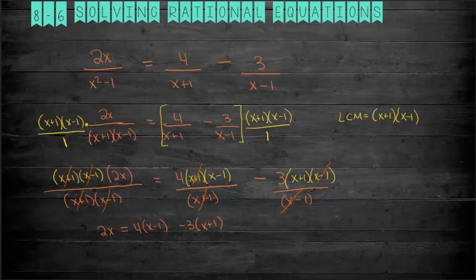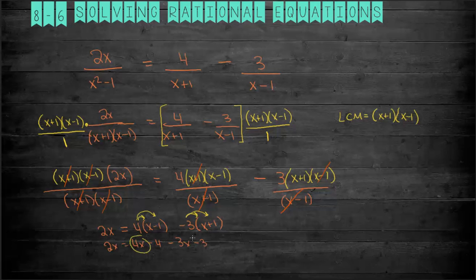Then we're just going to work on solving. I'm going to distribute the 4 through the parentheses, and the negative 3 through the parentheses. So I will get 2x equals 4x minus 4 minus 3x minus 3. I'm going to do some combining like terms.